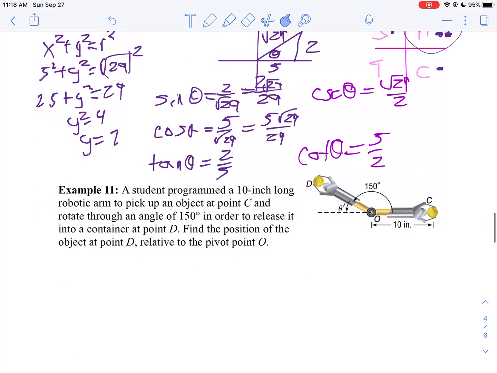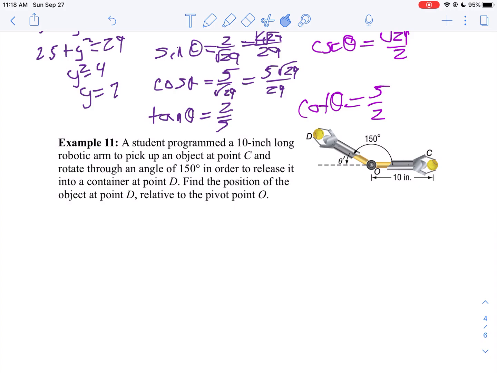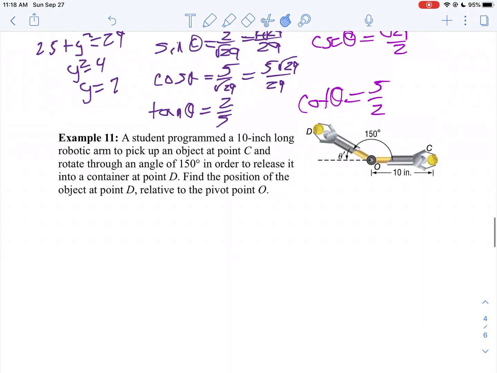Let's take a look at an application problem dealing with this. It says a student programmed a 10-inch long robotic arm to pick an object at point C and rotate it through an angle of 150 degrees in order to release it into the container at point D. Find the position of the point D relative to the pivot point O. So in other words, I want to find this position here.